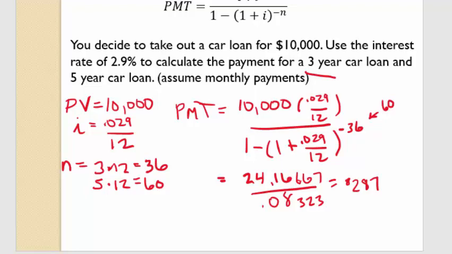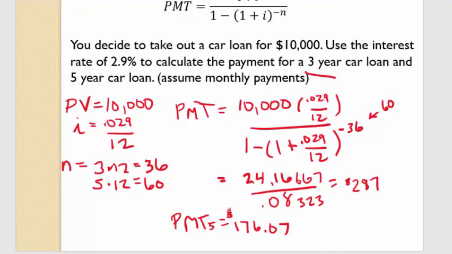So after you calculate that out, the payment after 5 years is going to equal $176.07. So you'll notice that by extending the term out from 3 years to 5 years, you lower your payments by about $100.